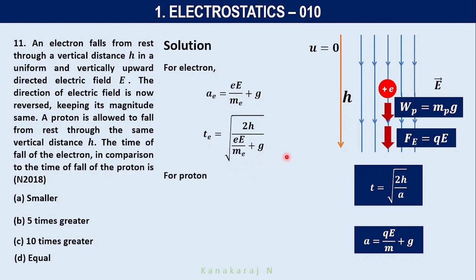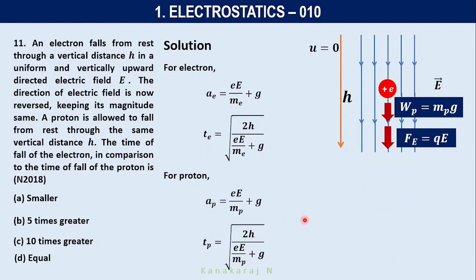Let us go for proton. The acceleration of proton equals eE divided by m_p plus g. There is no change in the magnitude of the charge, but there is a change in mass of the two charges. So time of fall of proton Tp equals root of 2h divided by eE over m_p plus g.